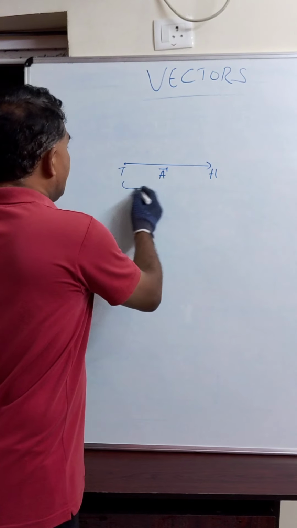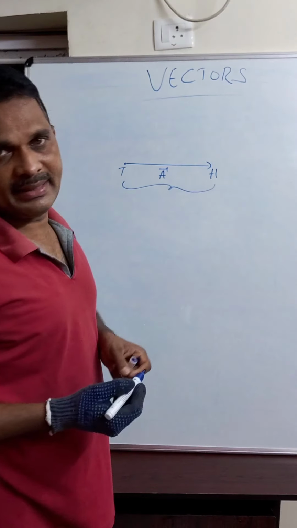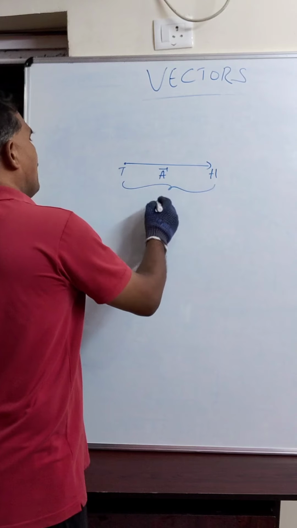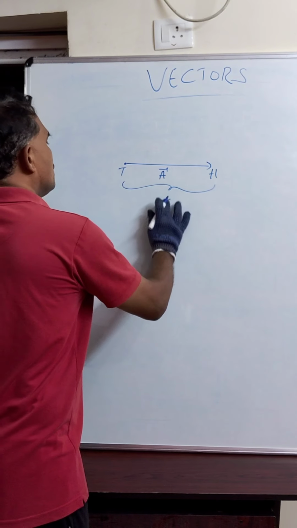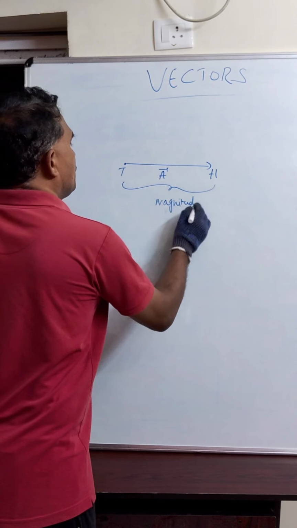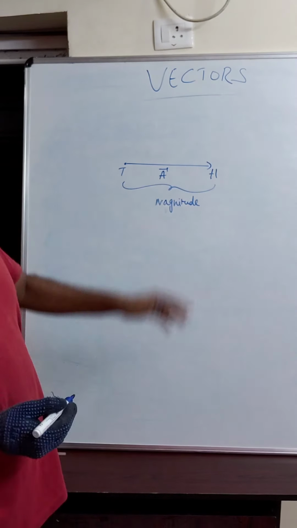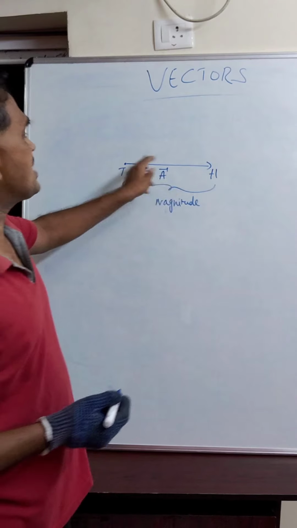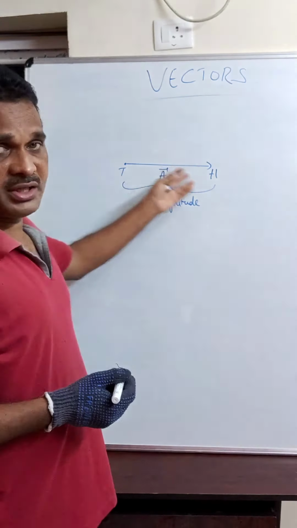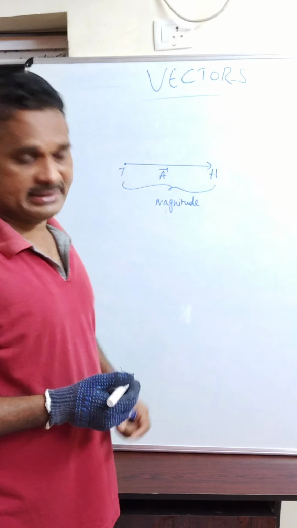The length between tail and head is called the magnitude. That's why it has magnitude as well as direction. These are called representations of vectors.